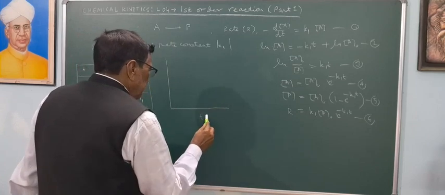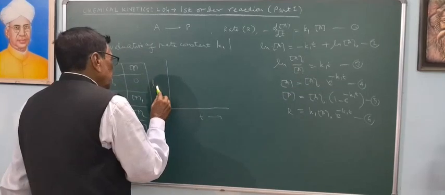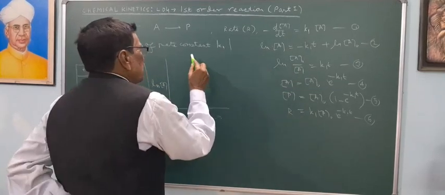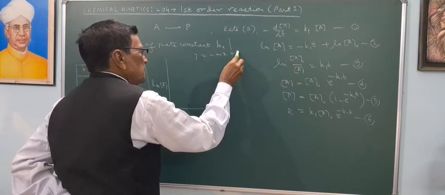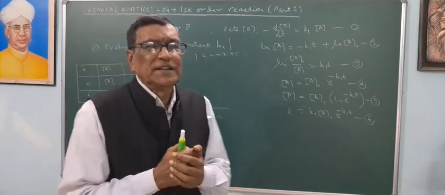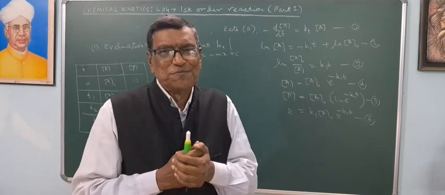Plot here time t, and here ln concentration of A. It will be a straight line, y equal to minus mx plus c. This equation will give you a straight line having some intercept and negative slope.